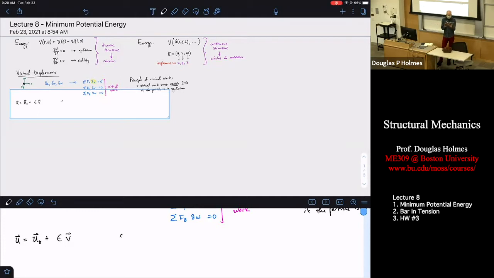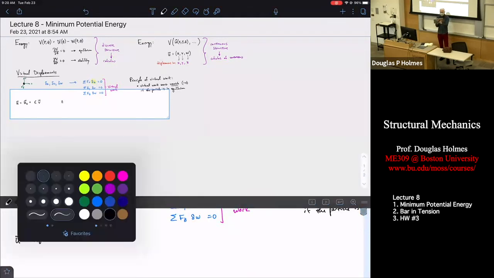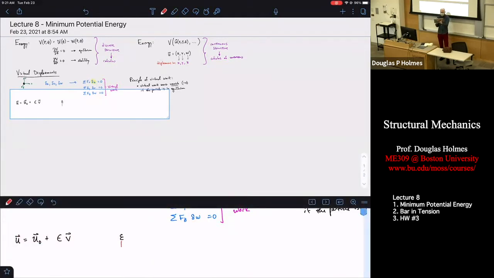You probably are also used to seeing it like this, which looks like a backwards 3, and that's usually what we use for strain. It's confusing, but I will just clarify. This typically represents strain. This typically represents small number. An arbitrarily small number multiplying my function.